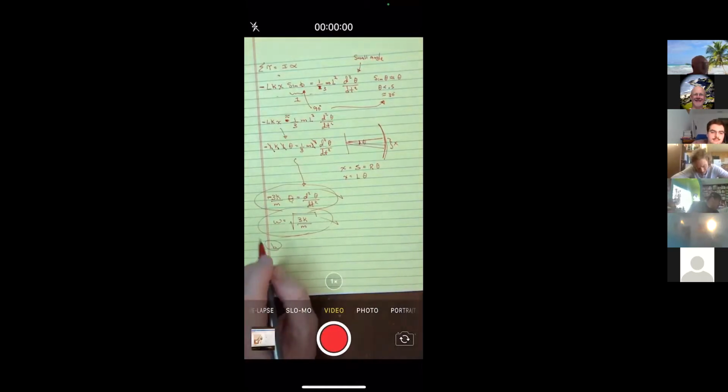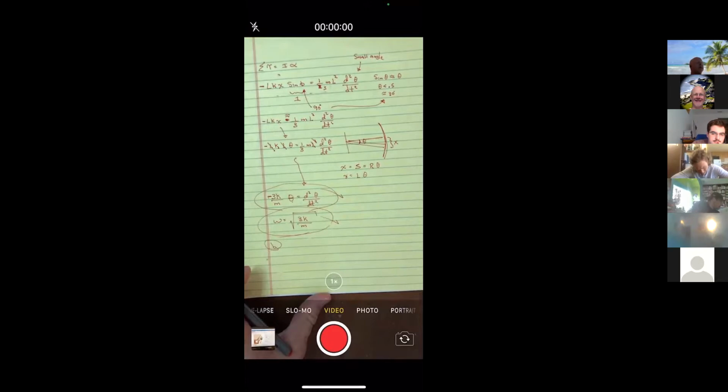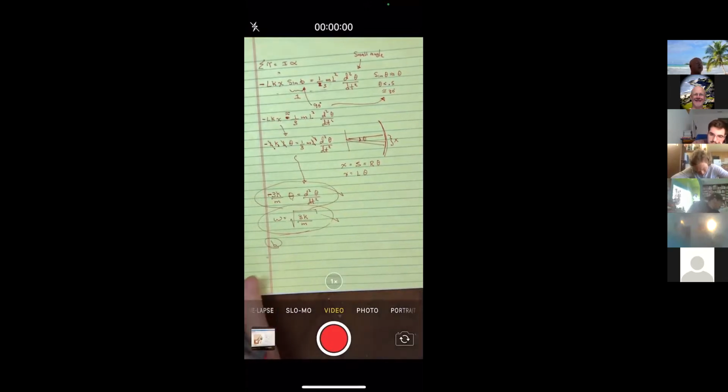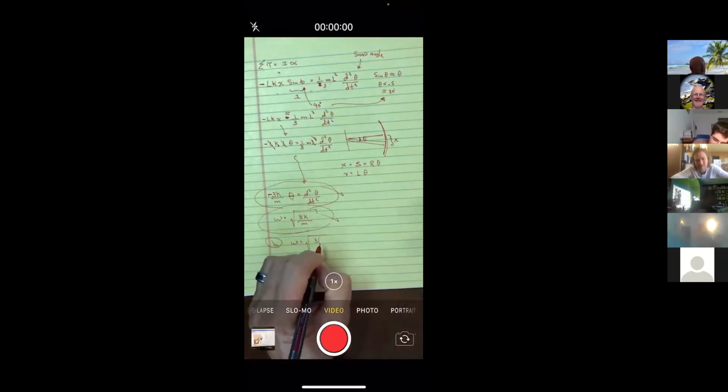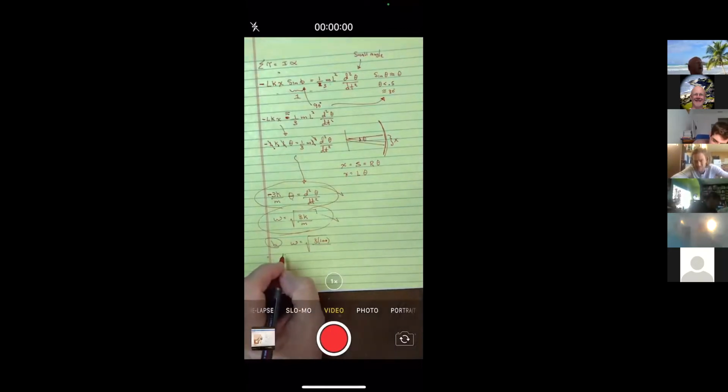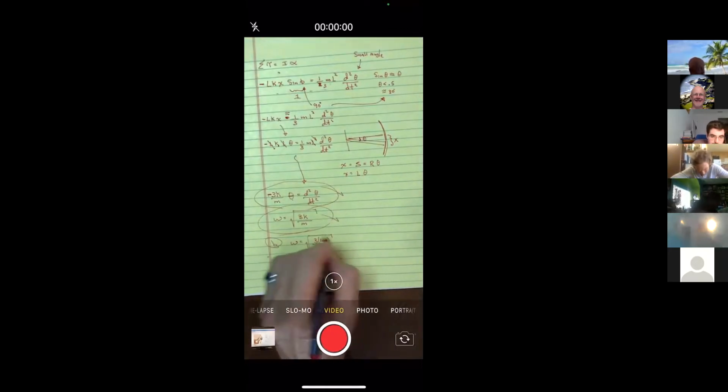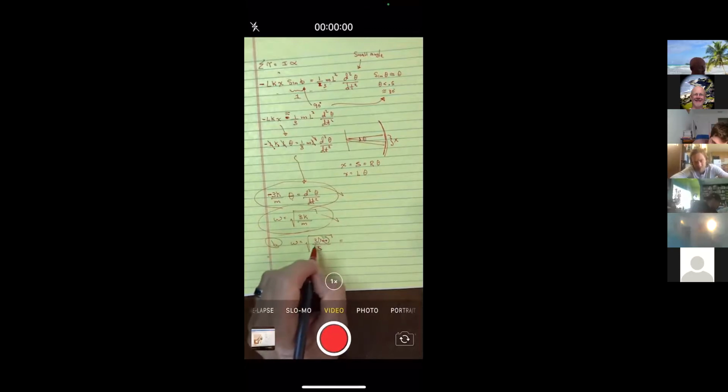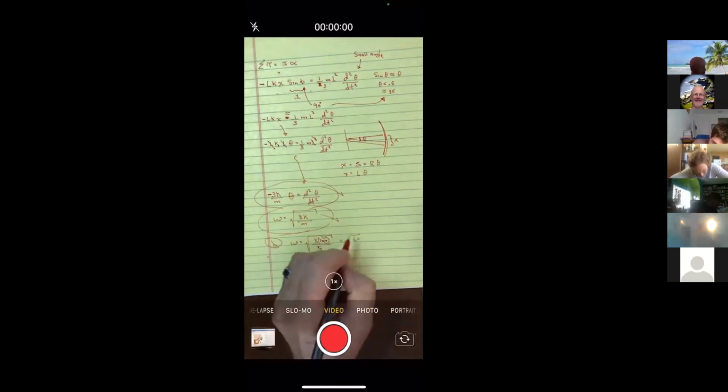Now there's a part B. Part B says evaluate the frequency, taking the mass to be 5 kilograms and a spring constant. Oh, so this is more of a plug and chug, but I'll do it. So omega is, so 3, and then a spring constant of 100, and a mass of 5. 5 goes into 100 20 times. 20 times 3 is 60.